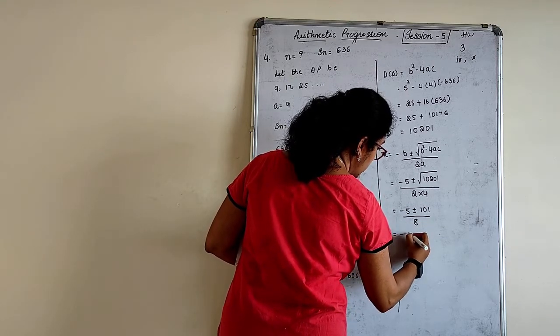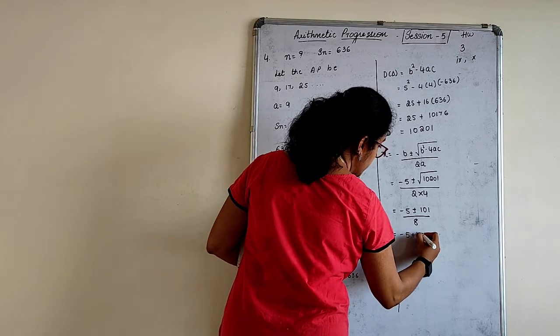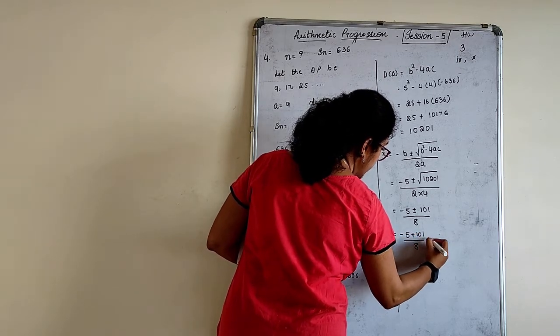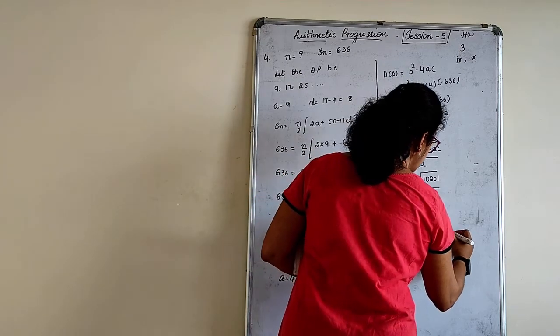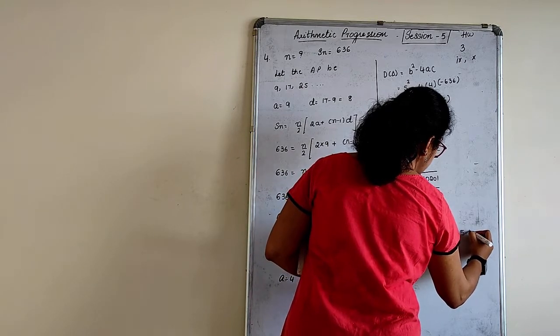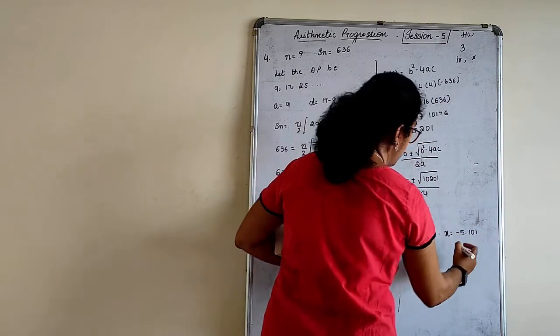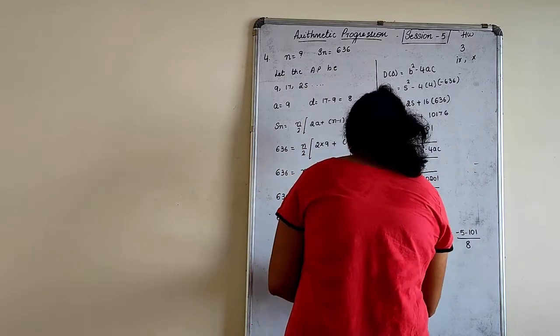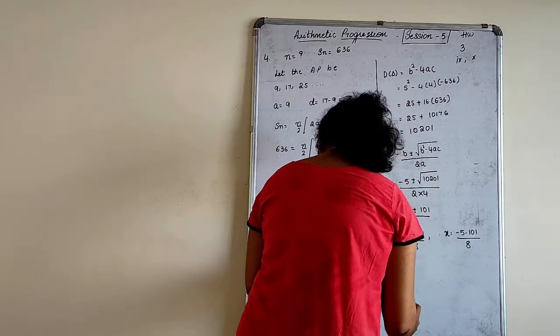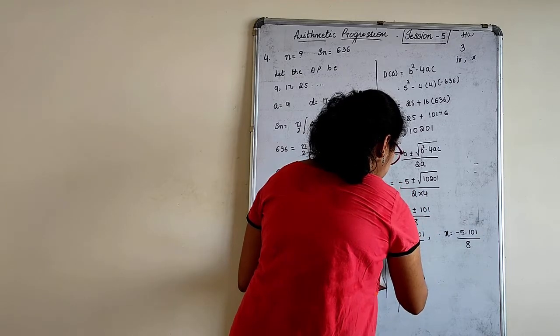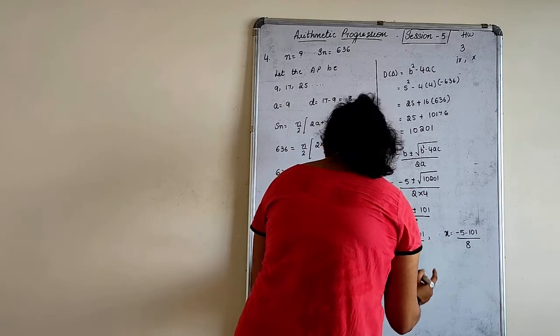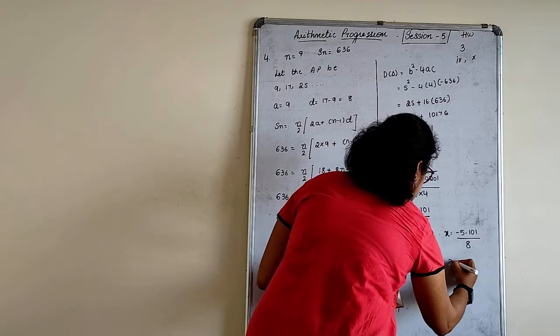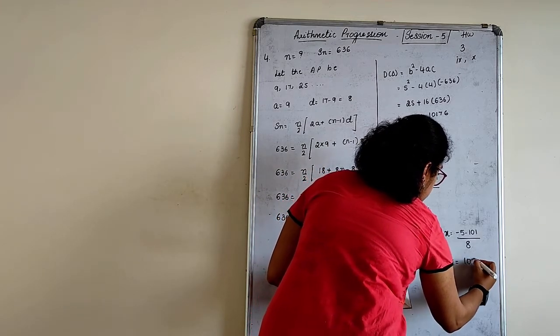So x is equal to minus 5 plus 101 by 8, and x is equal to minus 5 minus 101 by 8.